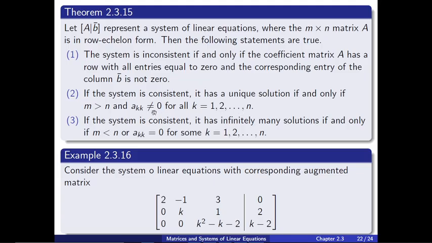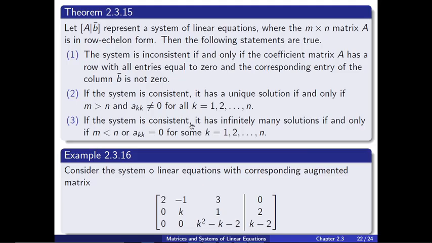So what it's simply saying is for us to have a unique solution, the number of rows has to be greater than the number of columns, and all the elements in the diagonal entries cannot be equal to 0, right? So we'll see with some examples how that works.